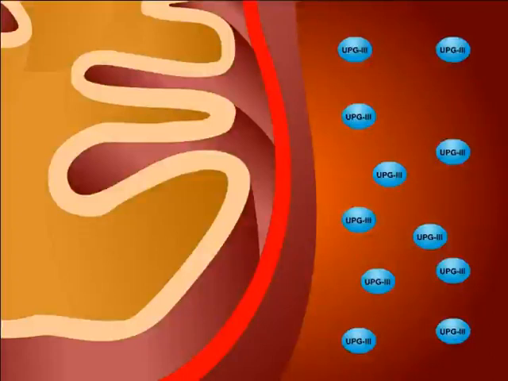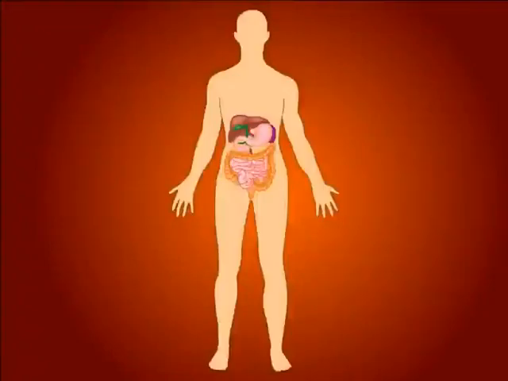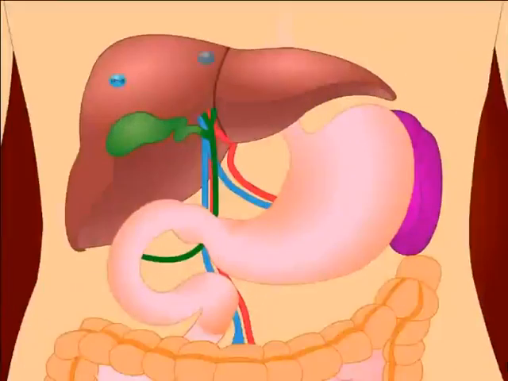This results in accumulation of uroporphyrinogen 3. UPG3 builds up in the liver.